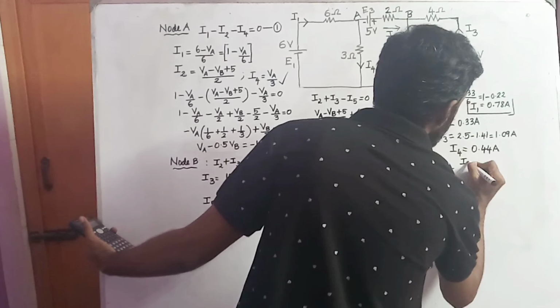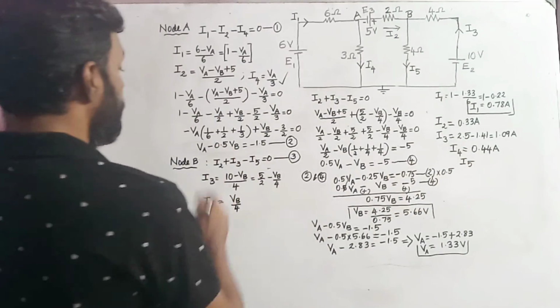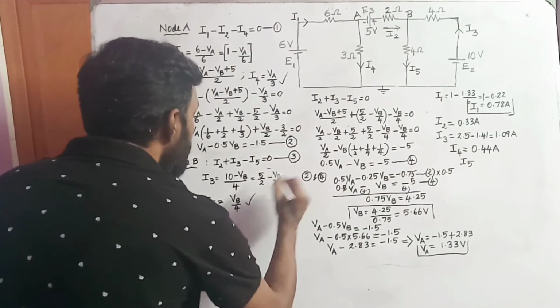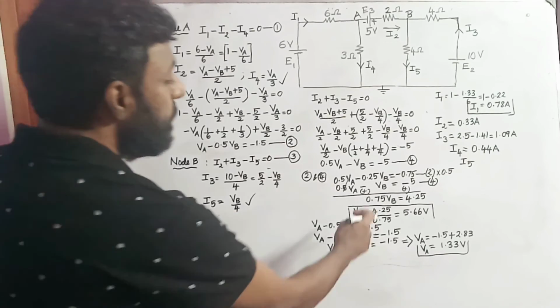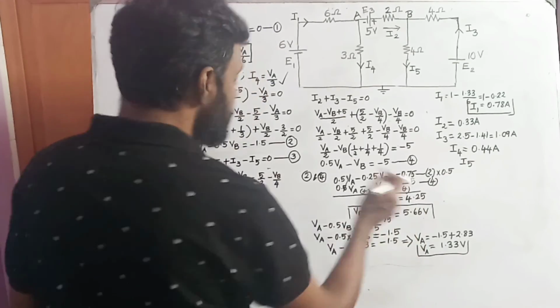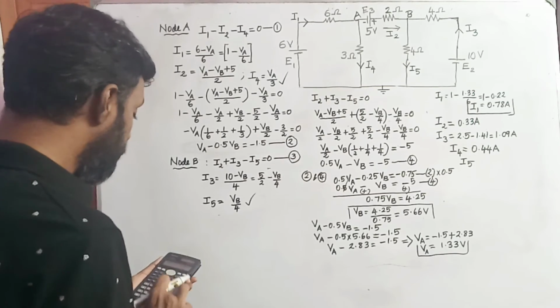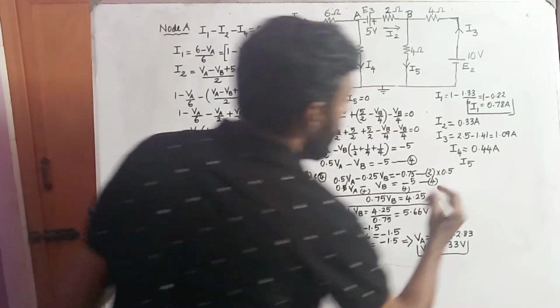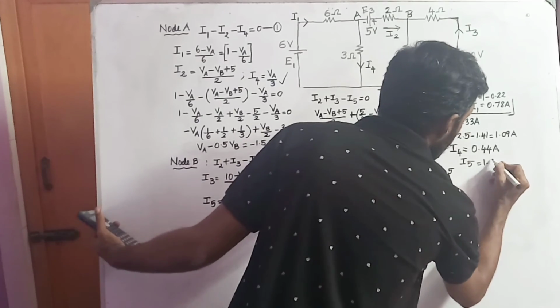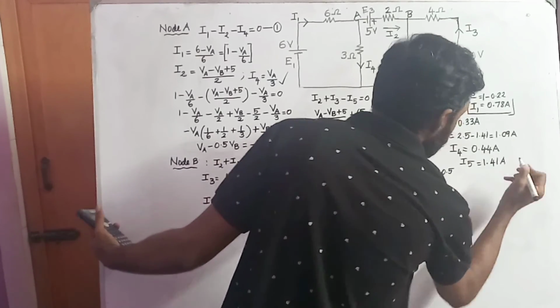What is I5? I5 is nothing but VB divided by 4. So 5.66 divided by 4 is 1.41 ampere.